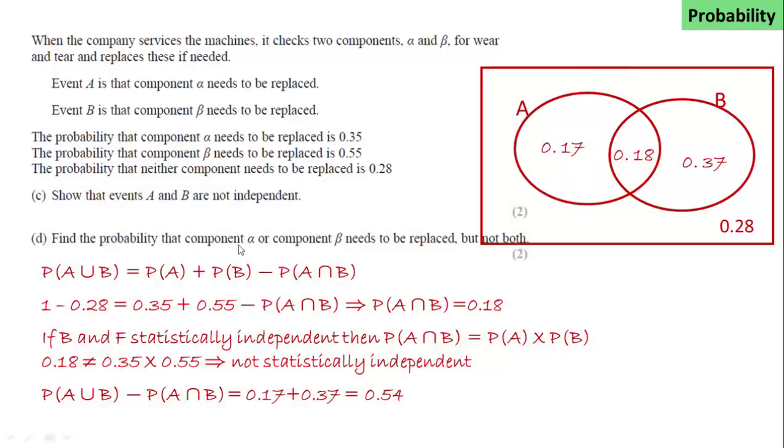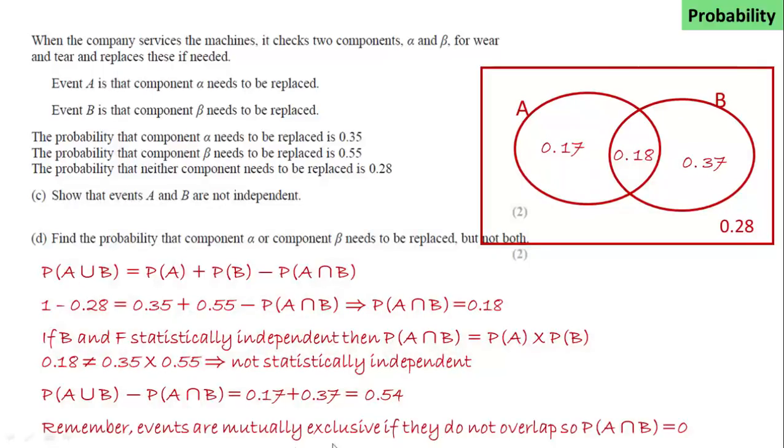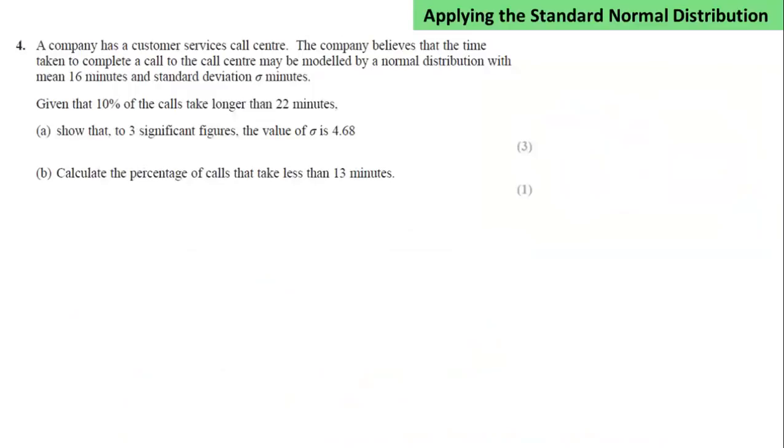By working out the probability that one or other but not both needs replacing, I simply add the 0.17 and the 0.37. And finally, I just want to make a note that, remember, mutually exclusive events are when they don't overlap. In this instance, we don't have any instances of mutually exclusive events.